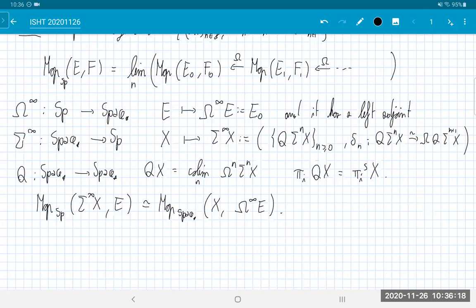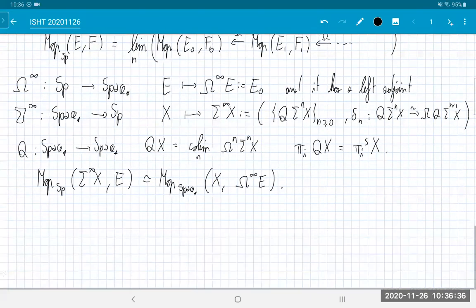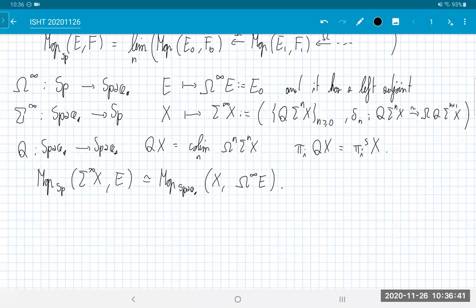And the diagram, you can find it in the notes or in the video of last time. Okay, are we good so far? Good, because now I want to say something about limits and filtered colimits in spectra. And then I'll use that to say something about pushouts in spectra and give presentations of spectra.